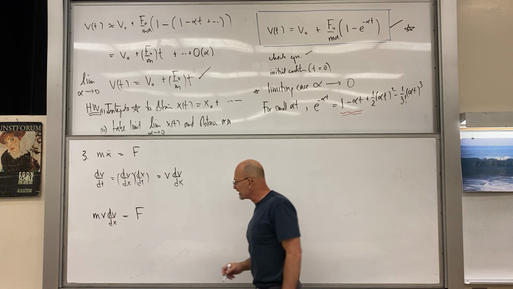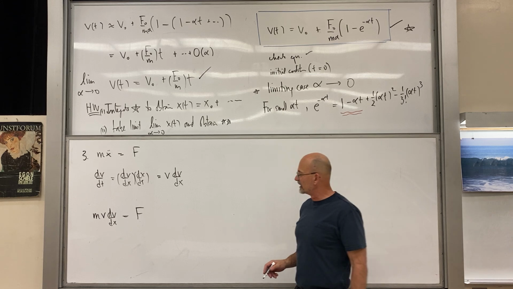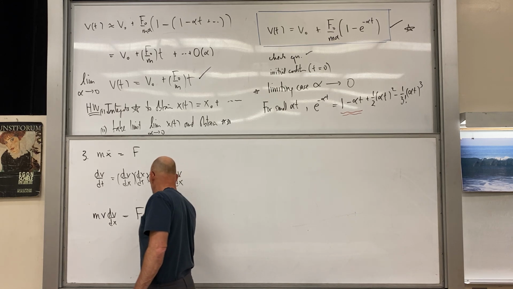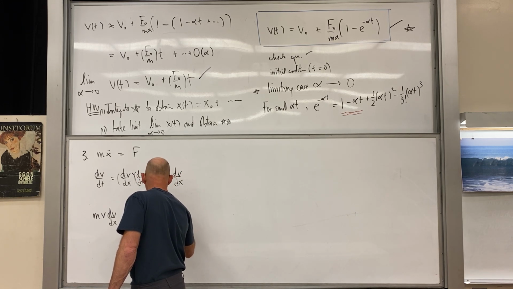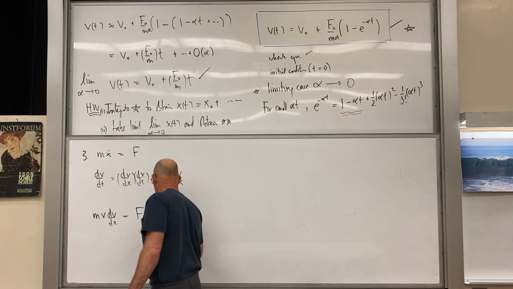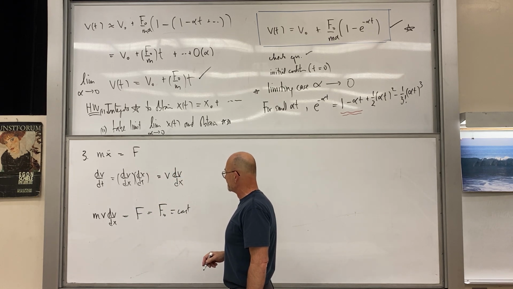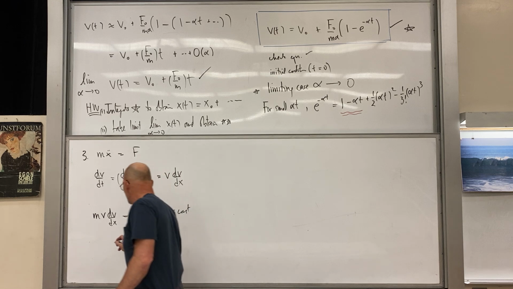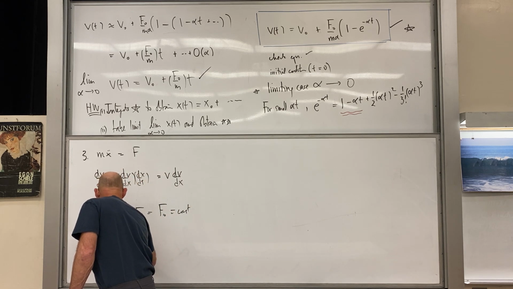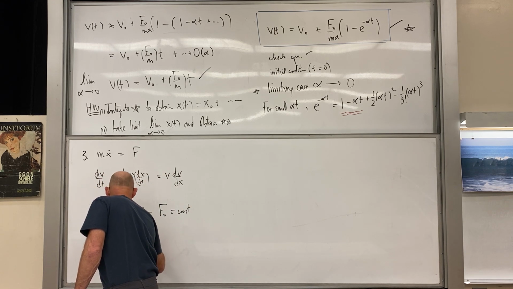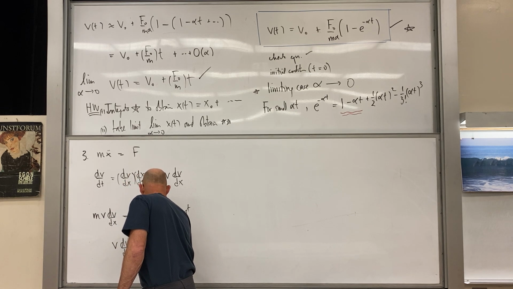And in this case, I'm going to write F equals constant, equals F naught. Okay. So what we have is v dv/dx is equal to F naught divided by m.